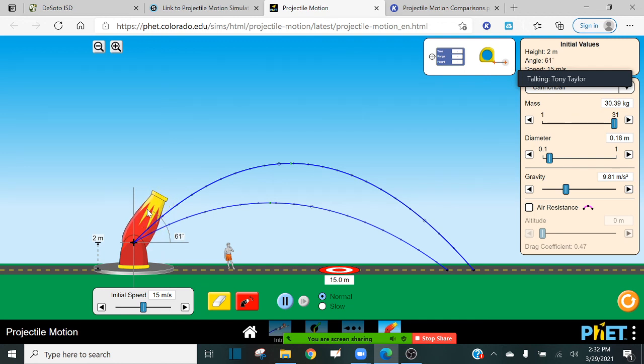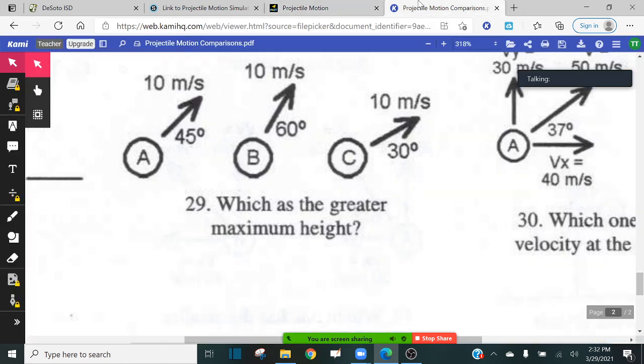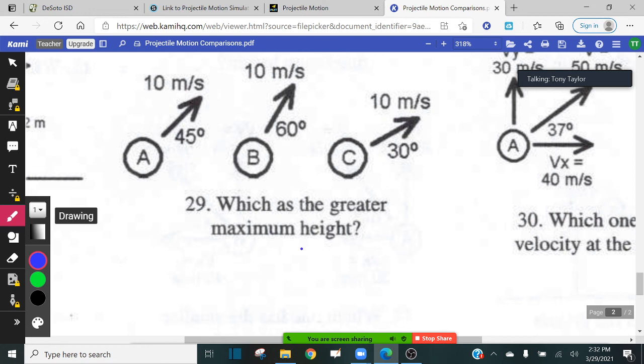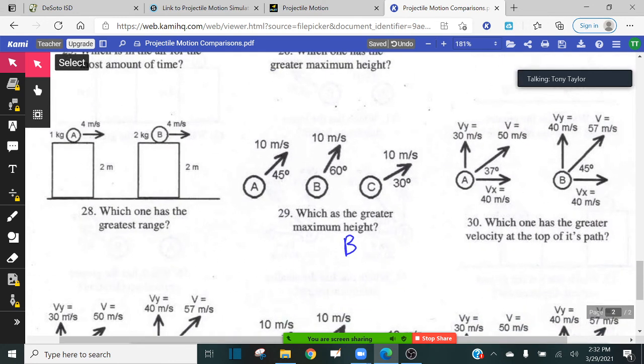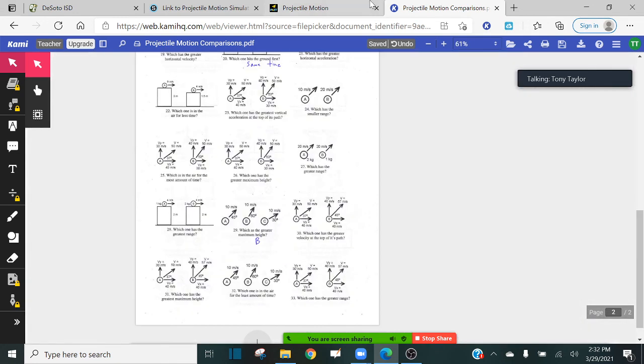And of course, 60 degrees. And yes, Stephanie, yes, James, you're correct. 60 degrees produces the greatest height. So, situation B. All right, any questions regarding these projectile motion comparisons? Any questions?